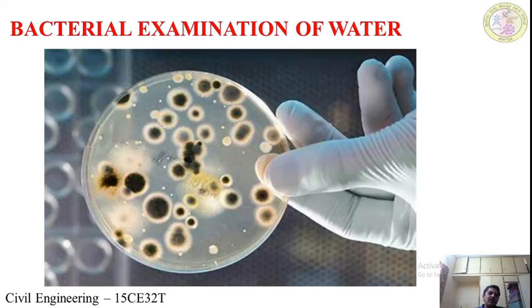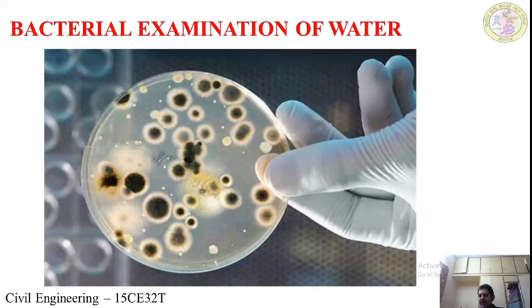Now most of the bacteria require oxygen for their survival. They consume the dissolved oxygen from the water and decompose the organic matter present in the water. They convert the organic matter into simpler substances. These aerobic bacteria require oxygen for their survival.